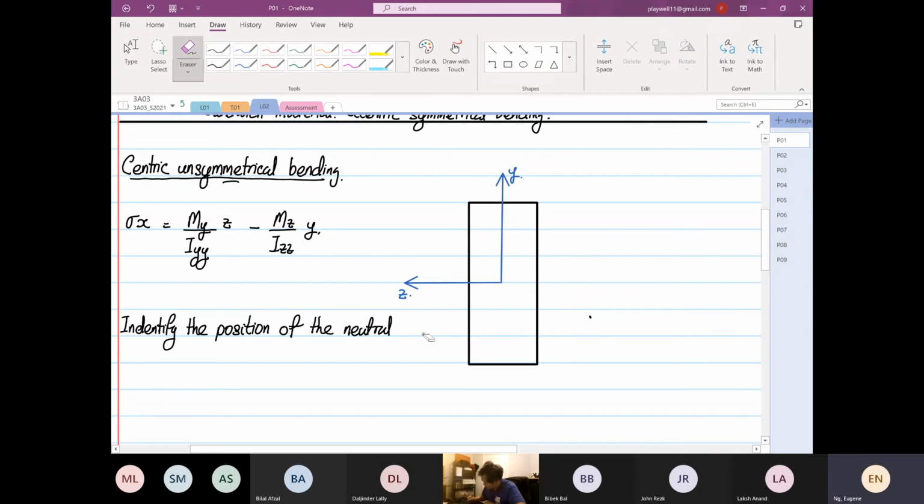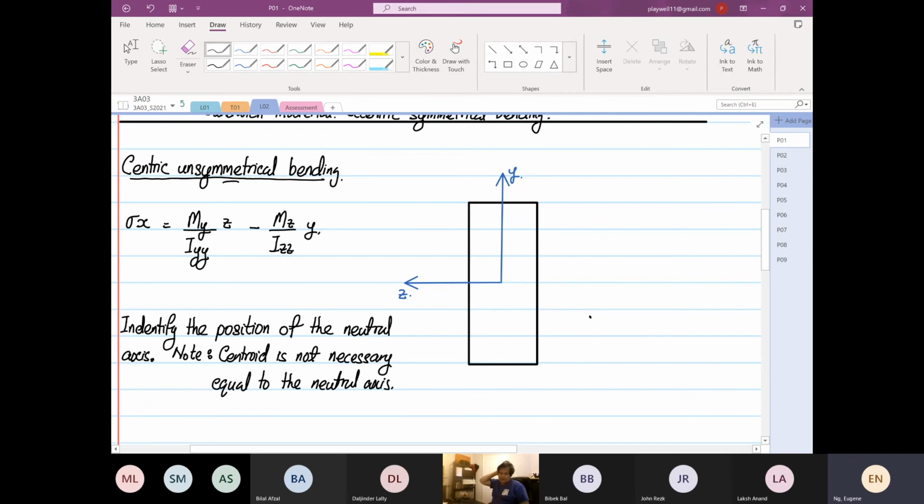A key thing to take note of is that the centroid is not necessarily equal to the neutral axis. There's always a perception that the centroid and the neutral axis are the same thing. No, that is not the fact.